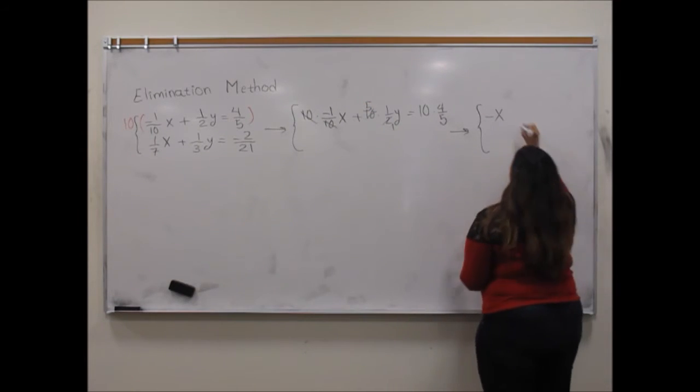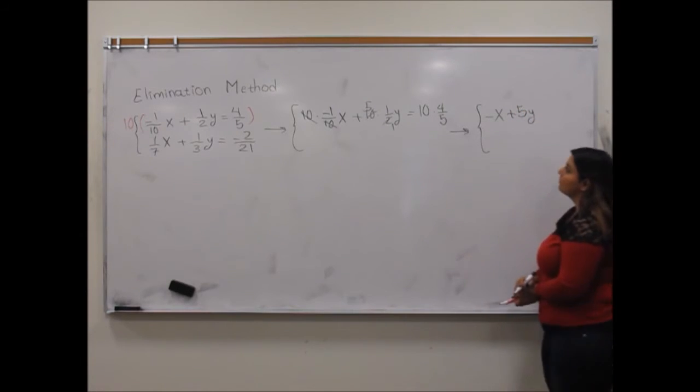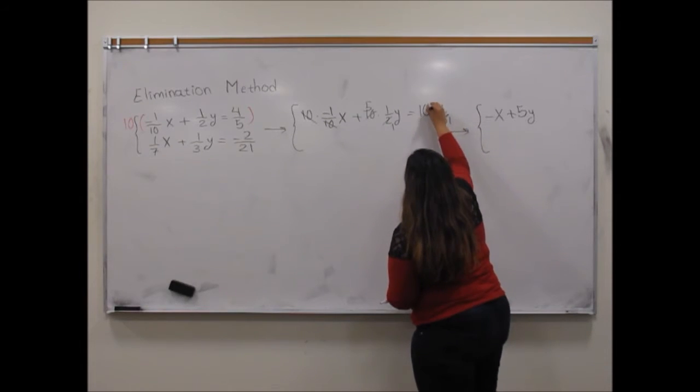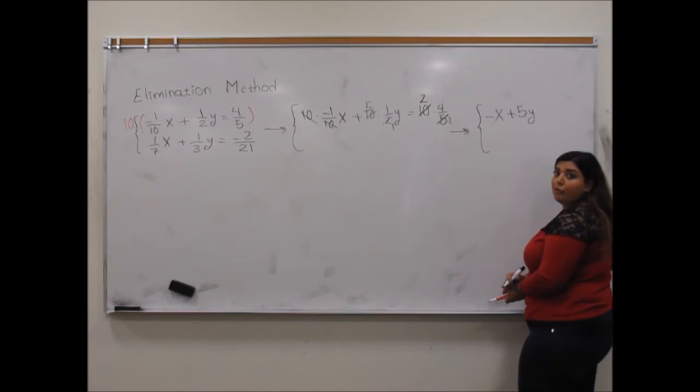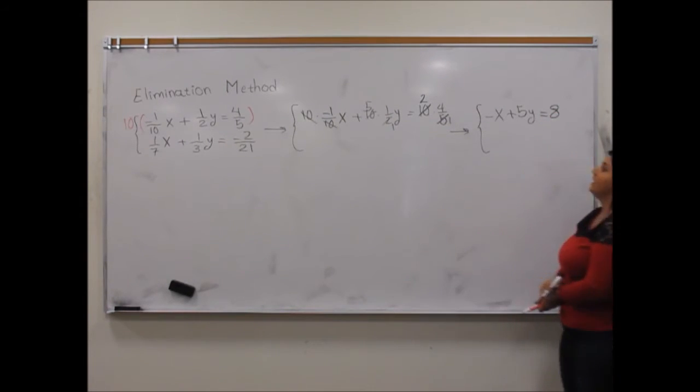So I have 5y. And then 10 divided by 5 is just 2. 2 times 4 is 8. So I have 8 here.